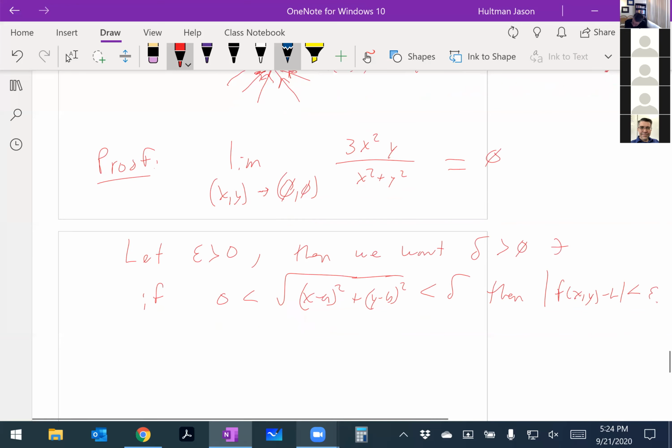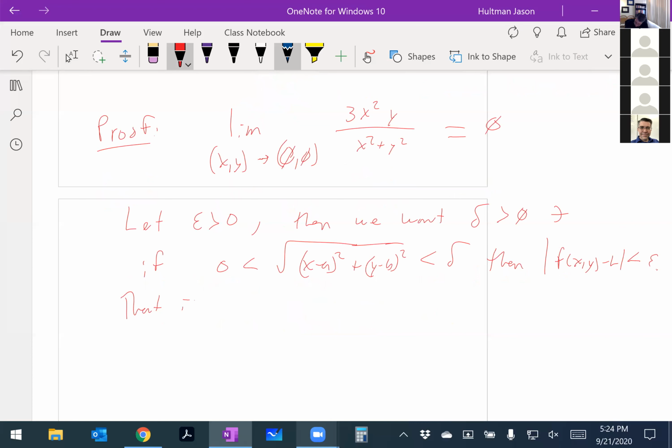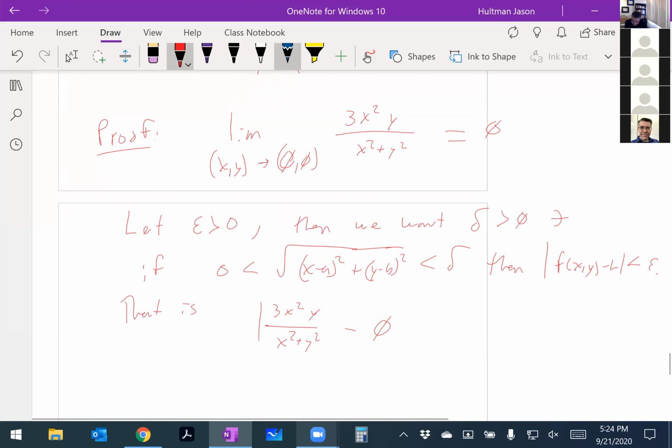That is, okay, 3x squared y over x squared plus y squared minus 0 in this case is less than epsilon. Well, I don't want to skip this. Let's not skip this. This is too important.